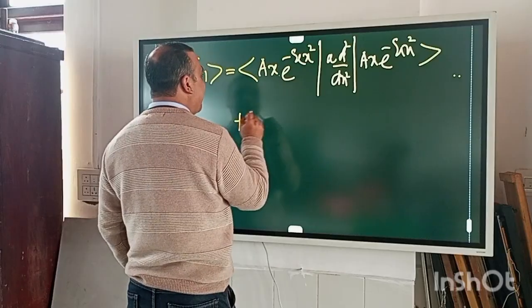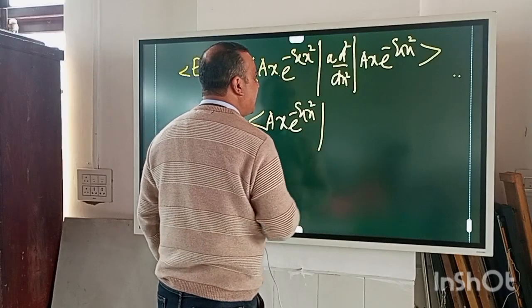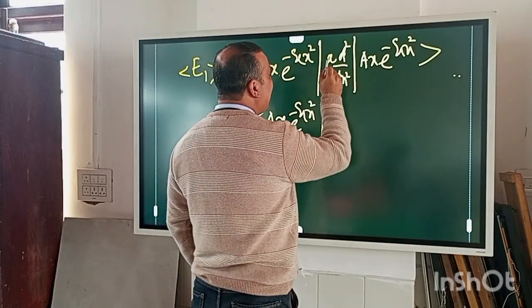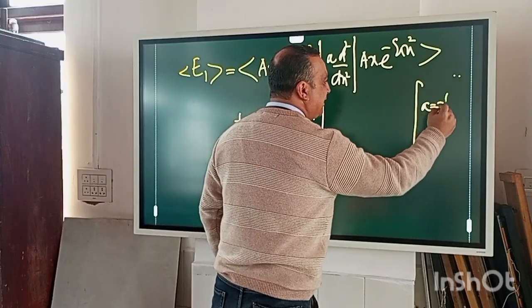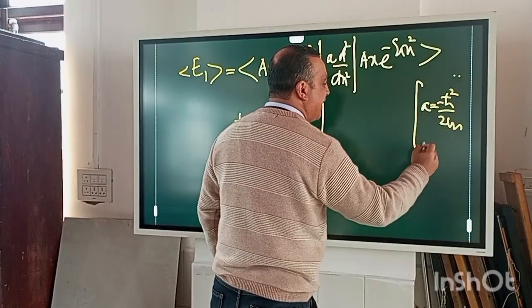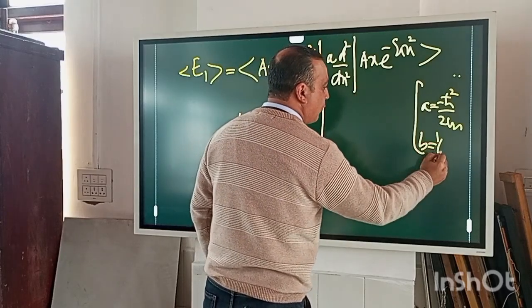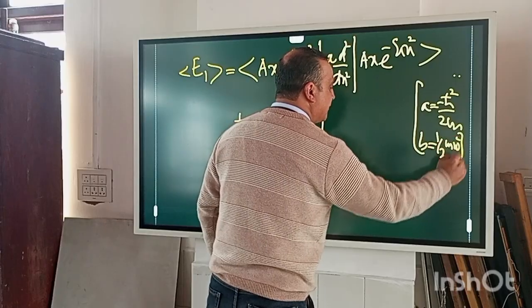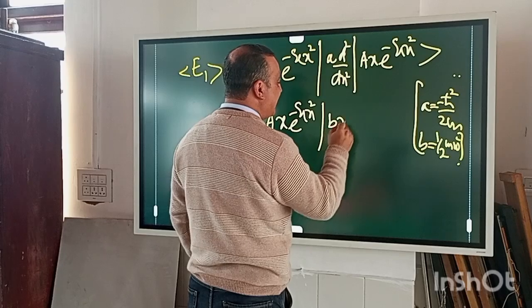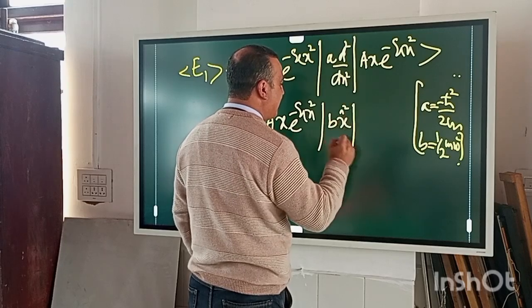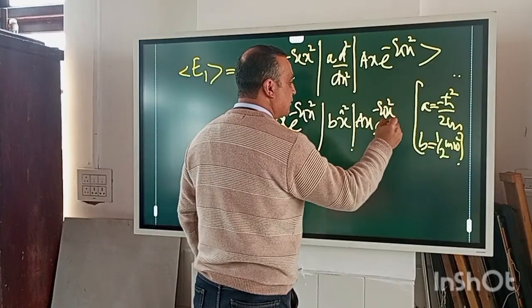There will be another part of it, Ax e to the power of minus zeta x squared, and here I have called it a, taken as minus h bar squared by 2m, and let me take b as 1 by 2 m omega squared. So here I will write b x squared and then Ax e to the power of minus zeta x squared.